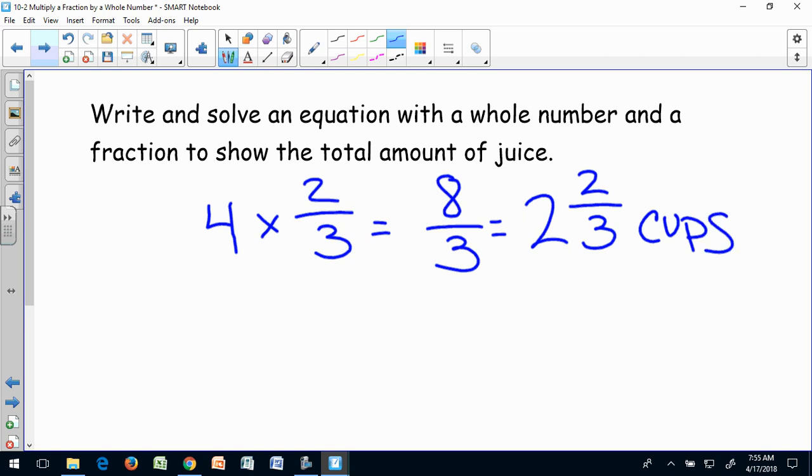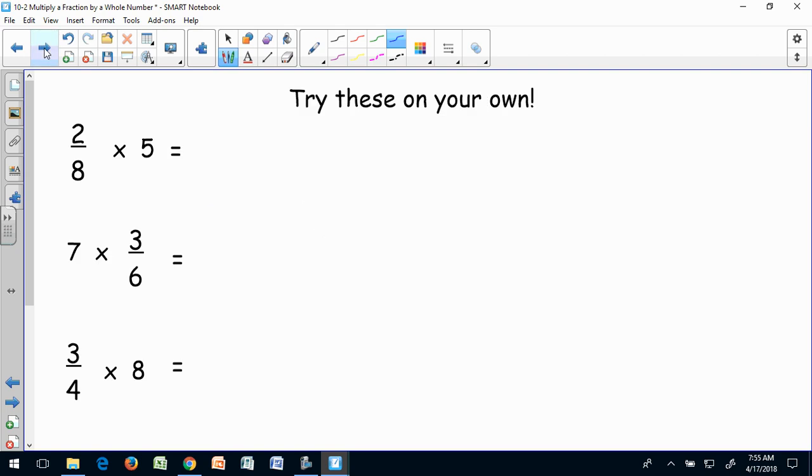You should have had 4 times 2/3 equals 8/3, which you can change into a mixed number of 2 and 2/3. Let's try some more multiplication problems.